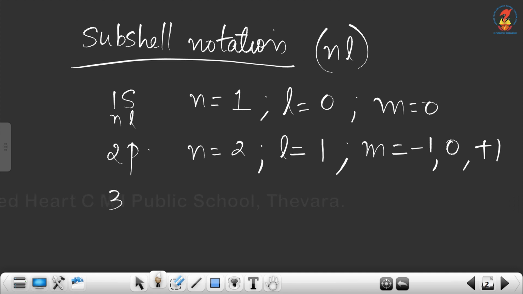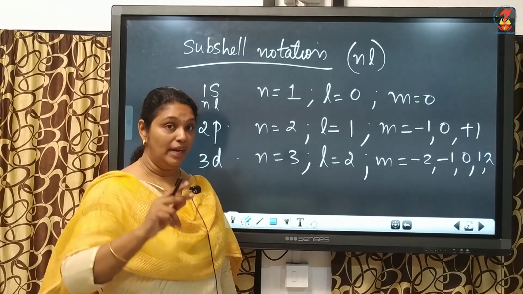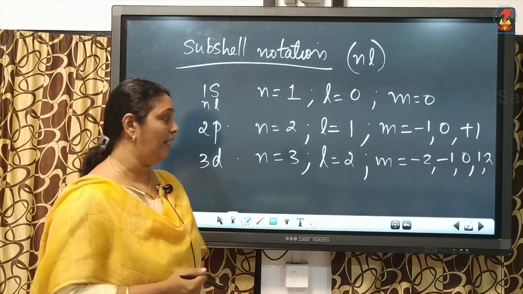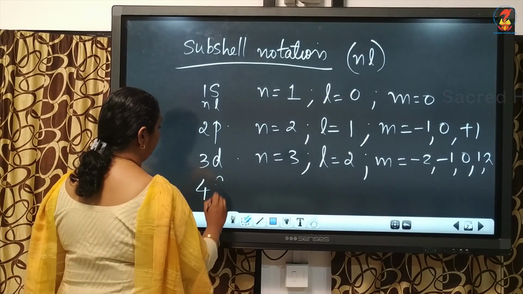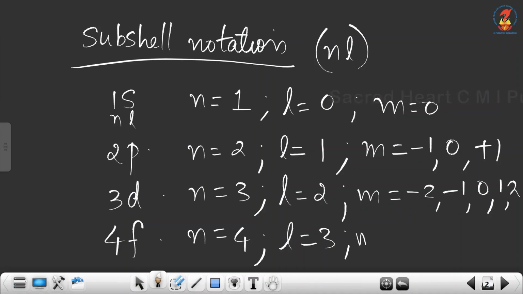Now 3d, n is equal to 3, l is equal to 2, m is equal to minus 2, minus 1, 0, 1, 2. Because we know m can have values from minus l through 0 to plus l. Now we have 4f, n is equal to 4, l is equal to 3, m is equal to minus 3, minus 2, minus 1, 0, 1, 2, 3.